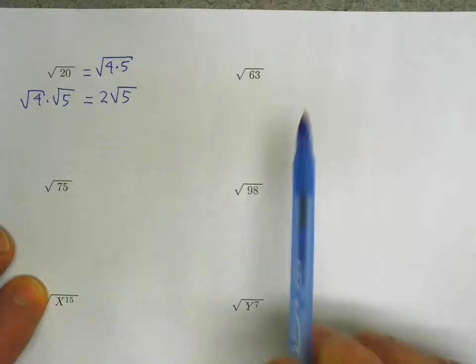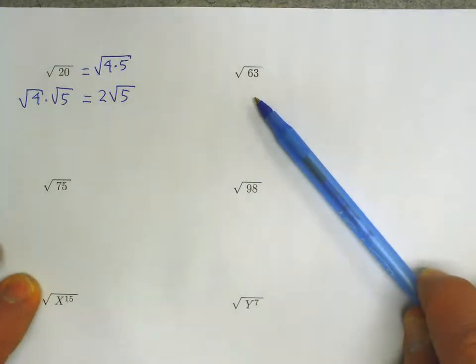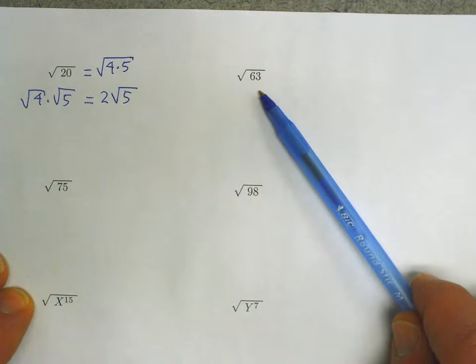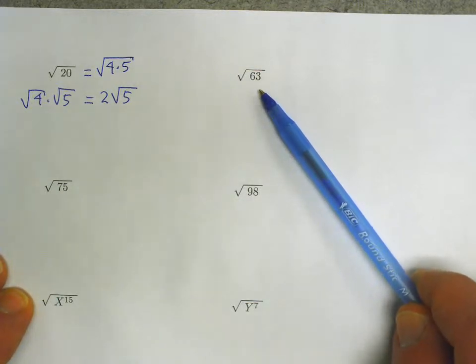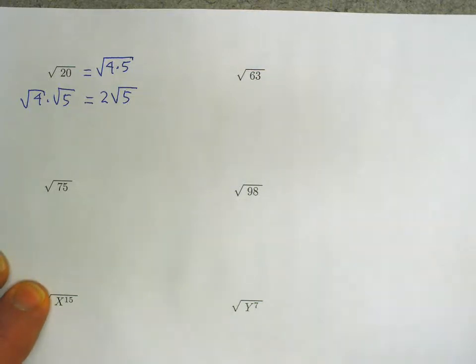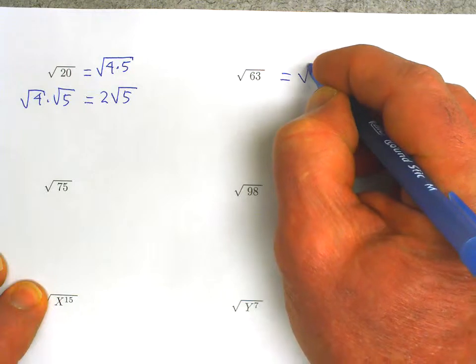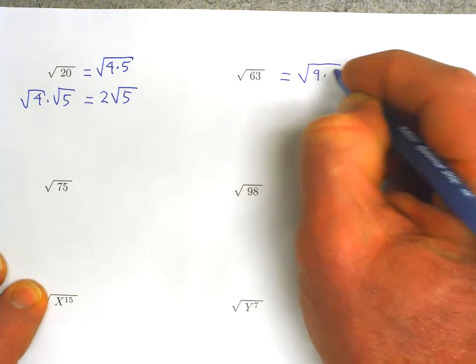In the next example, simplify the square root of 63. 63 is not a perfect square. The largest factor of 63 that is a perfect square is 9. 9 times 7 is 63. So we can rewrite this as the square root of 9 times 7.